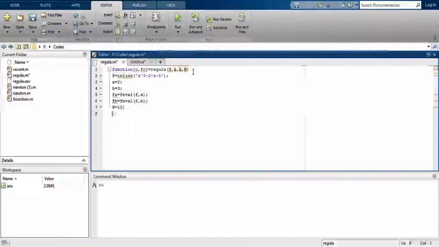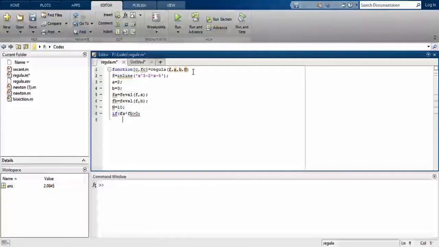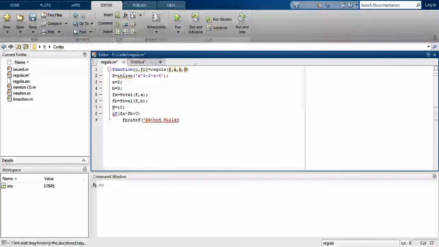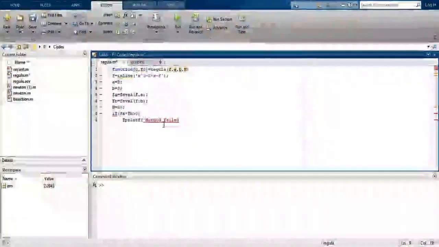The condition you want is: if fa multiplied by fb has the same signs, then display an error: root does not have opposite signs, method failed, regula falsi failed, method of false position.